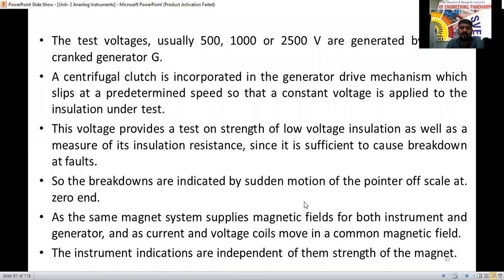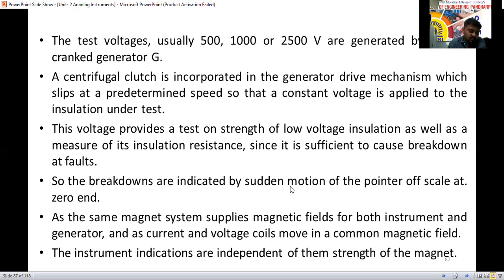They are based on the current flowing through the circuit, on the spring stiffness, and on the voltage coil, whether they are in a strong magnetic field or a weak magnetic field. Based on that, the Meggers are used over there. So it completes the Megger, which we are going to use in industry, especially for the insulation test only. So it completes the Megger part.